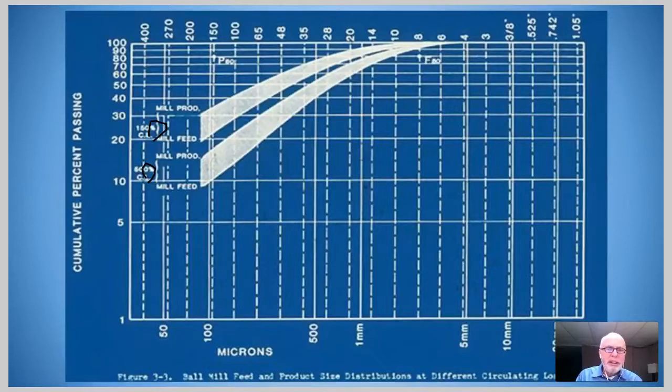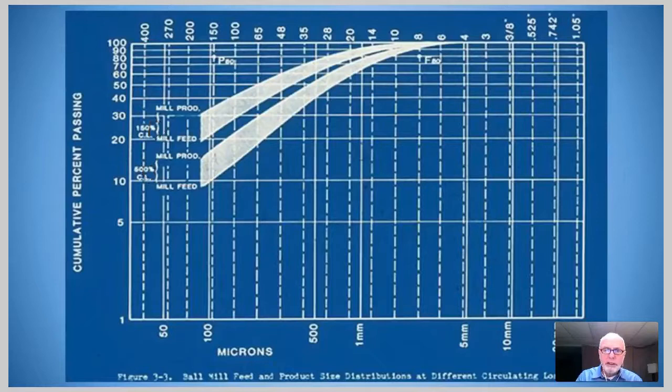So we know in this case, by increasing the circulating load, we've increased the classification system efficiency from about 75% to 85%, and effectively use 85% of our mill power instead of 75%.